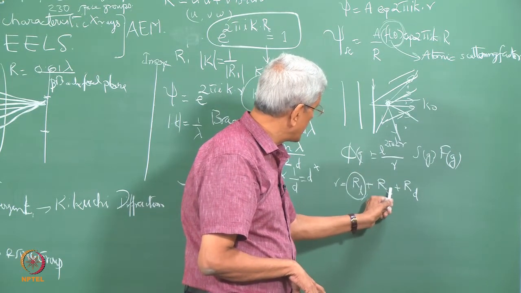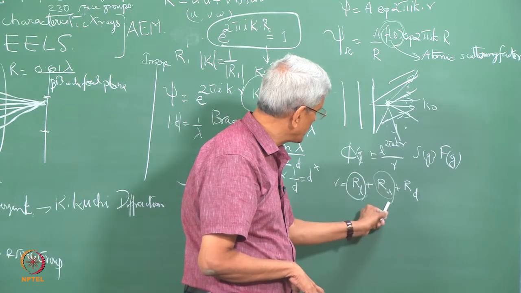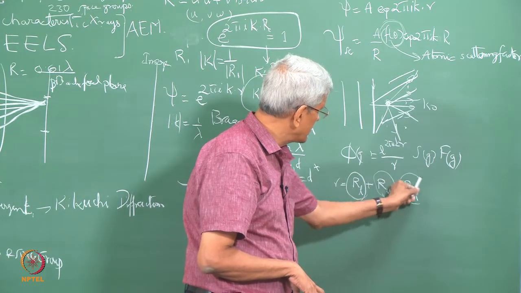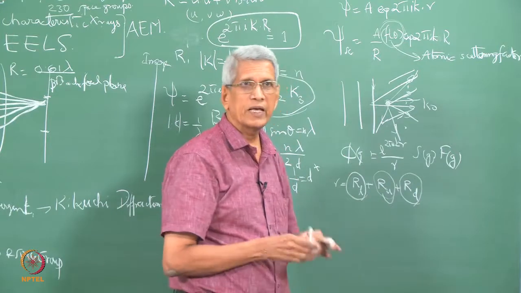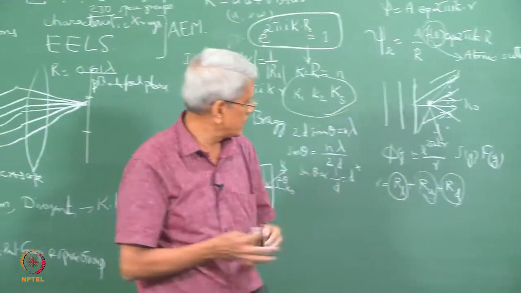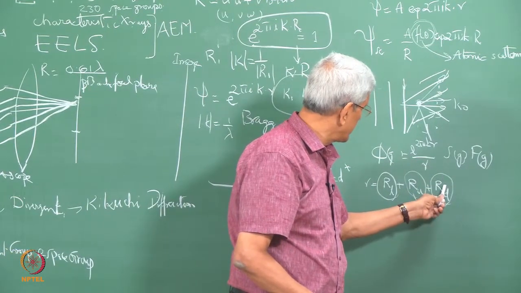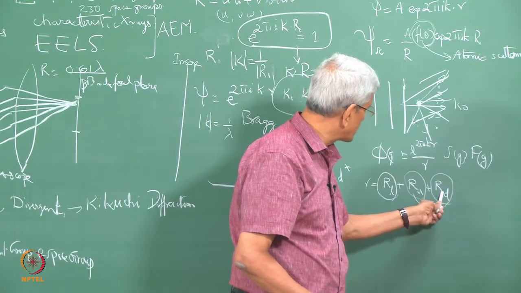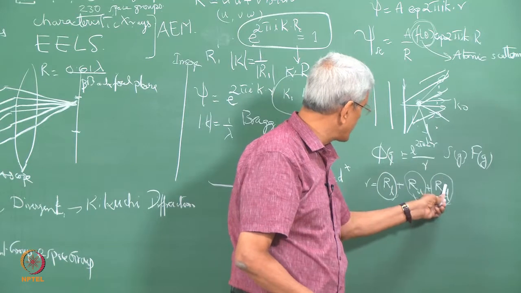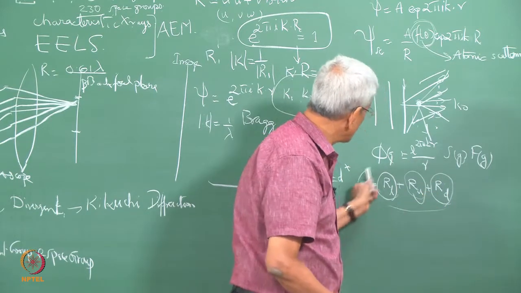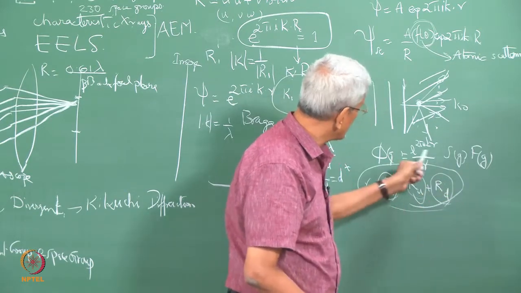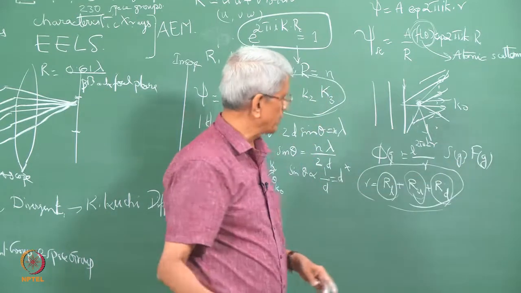RU is how atoms are distributed within the unit cell. RD is, suppose in some region a defect is there and the atom is displaced from the particular lattice position, that deviation which is being given. So, this is the one which has to be substituted and this gives rise to these terms.